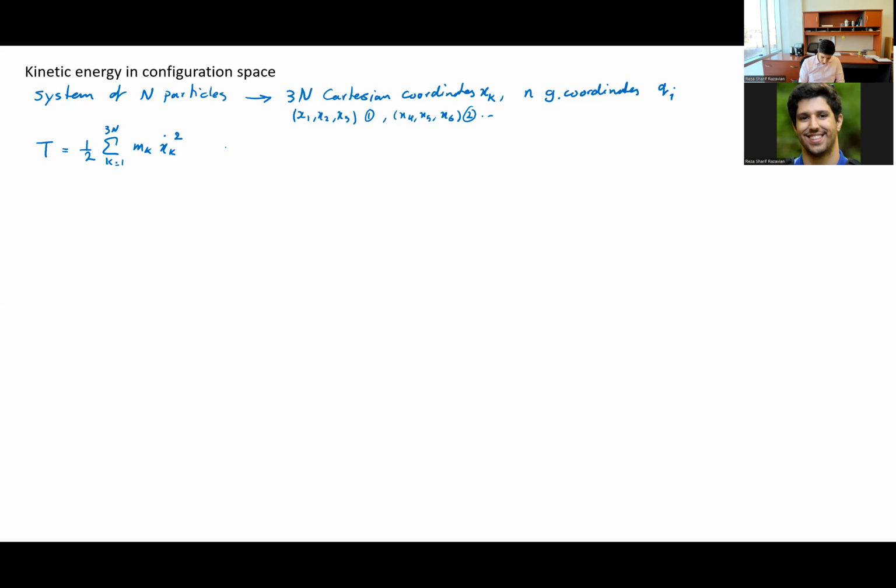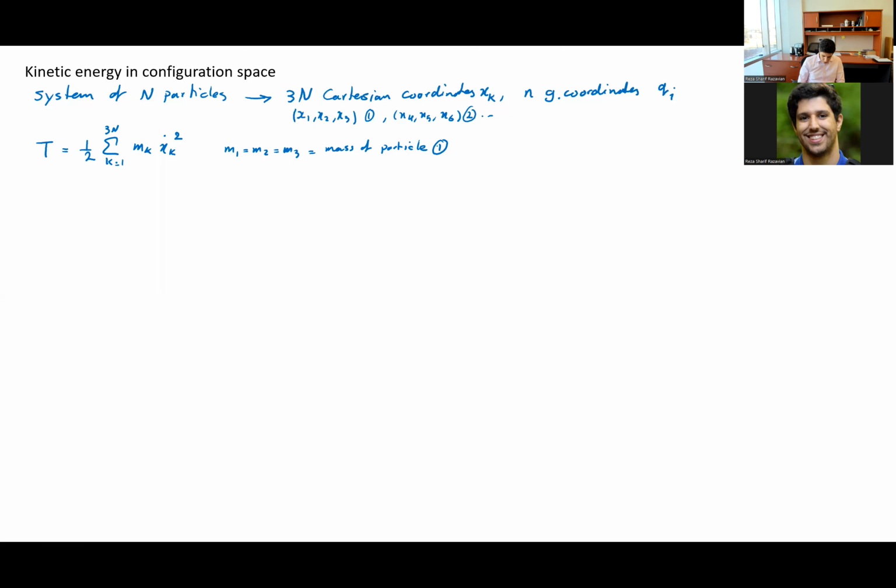And here note that m1 equals m2 equals m3. These are the mass of particle 1, and so on. So that is our kinetic energy. The goal is to write this as a function of our generalized coordinates, so as a function of essentially q dots.